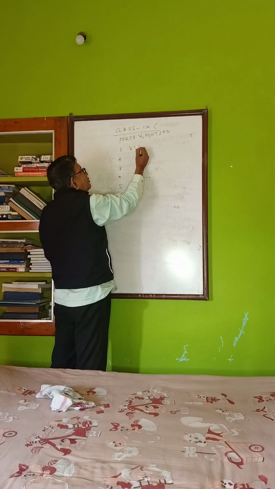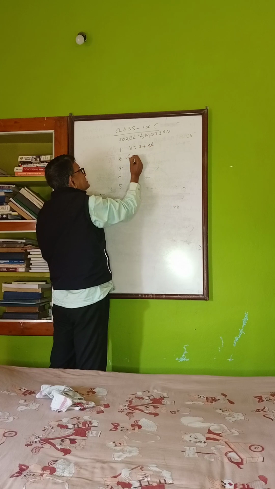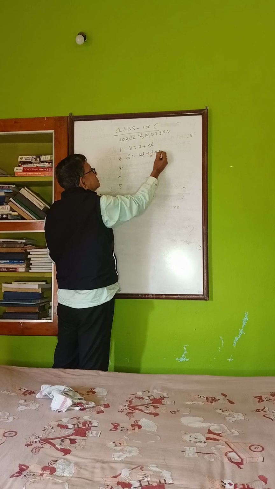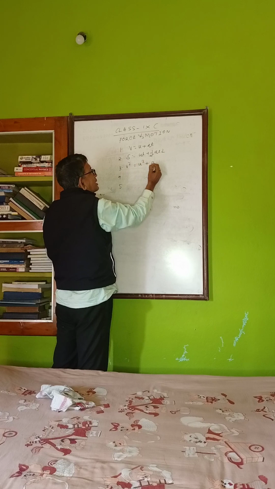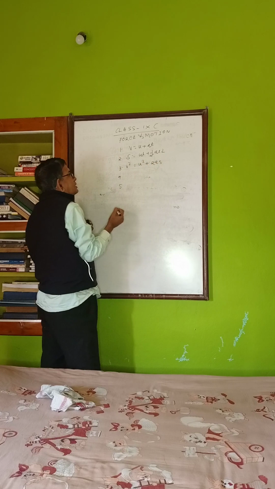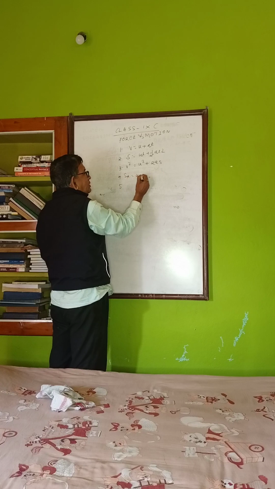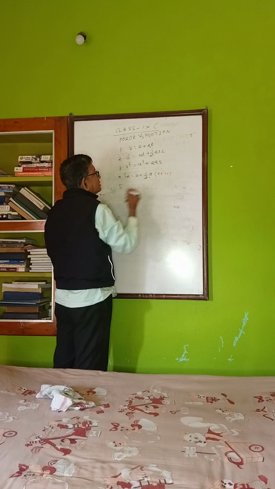v equal to u plus at. Next, s equal to ut plus half at square. v square equal to u square plus 2as. And s suffix t-th in the t-th second of motion, u plus half a (2t minus 1).